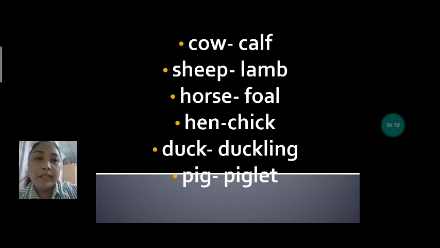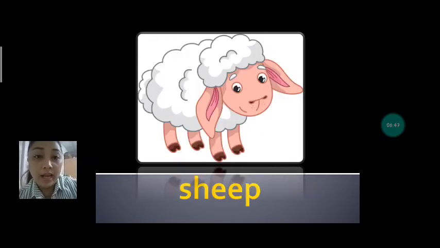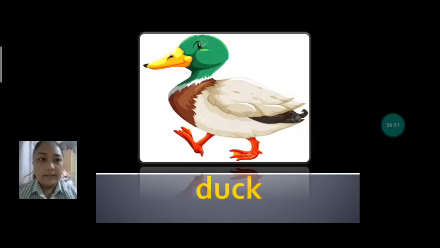Let's review the vocabulary. What's this? It's a cow. Very good. Next we have, it's a sheep. What farm animal is it? It's a pig. How about this one?